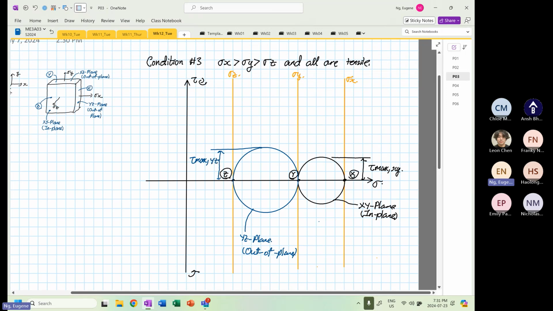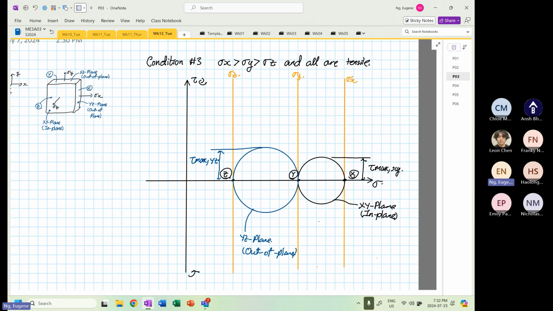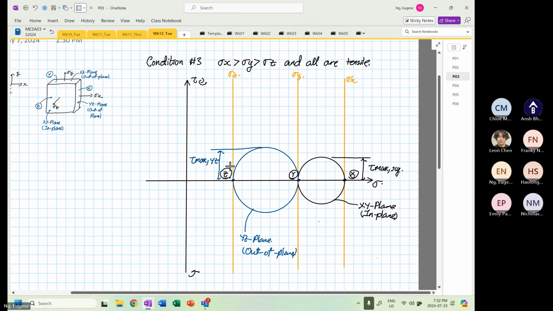And the last circle, as you can see now, right? So sigma 5 as the biggest circle. And because it's touching point X and point Z, now this belongs to our XZ plane.